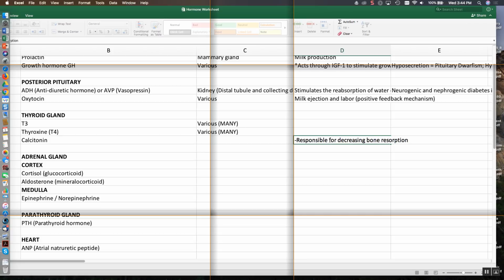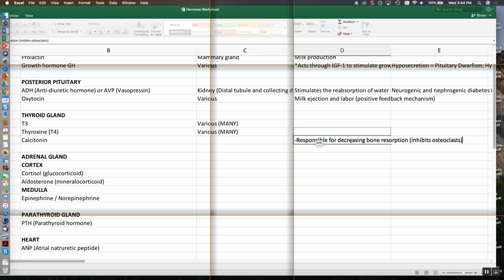So it inhibits those osteoclasts. If there's very high calcium in the blood, the last thing you want to do is to degrade bone. So what it does is it inhibits those osteoclasts. So it really is responsible for decreasing bone resorption.